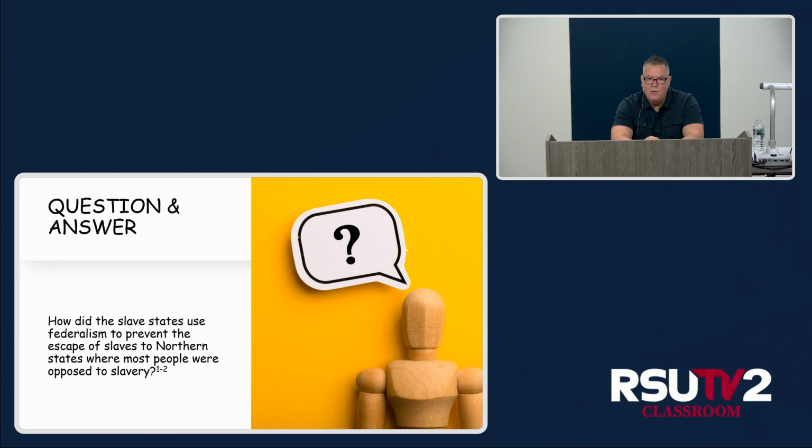But in many northern states, not all of them, because in some states, especially as you get new states coming in, Ohio and some other frontier states, those folks had economic interests in slavery.